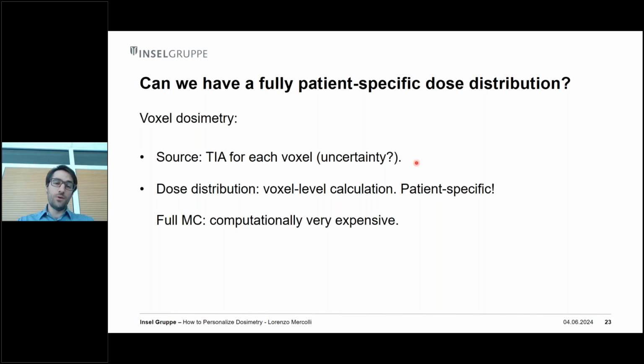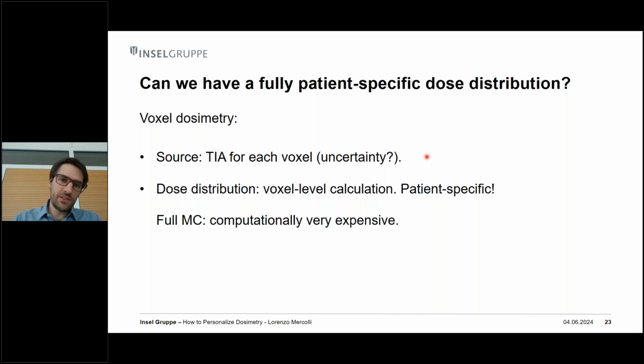Now, of course, you can already tell from the start that to fit each voxel and then do a time integral, inevitably there are going to be huge uncertainties, especially in voxels where you have little uptake, so you will essentially end up fitting noise. So this can be an issue.